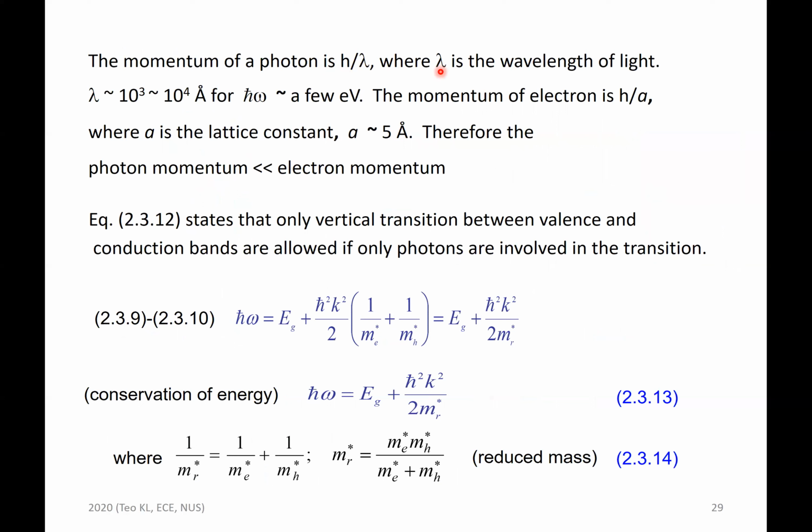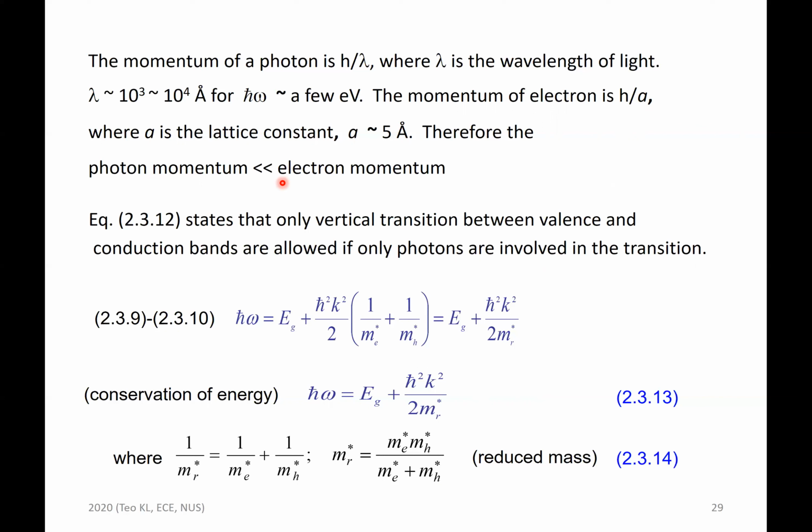The lambda is the wavelength of light and is usually in the range of 10 to the power of 3 to 10 to the power of 4 Angstrom. And that gives you an h bar omega of about a few eV. The momentum of the electron is h over a, where a is the lattice constant. And the lattice constant of a crystal structure, for example, is about 5 Angstrom. So if you plug in these values, you will realize that the photon momentum is much less than the electron momentum value.